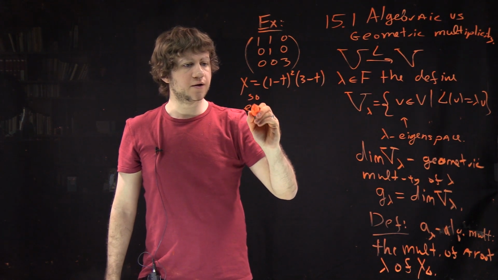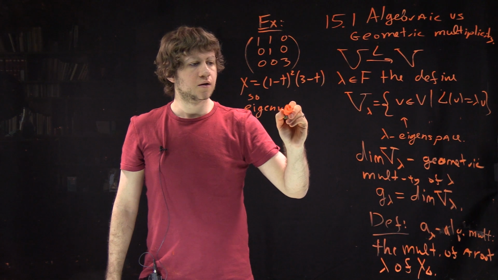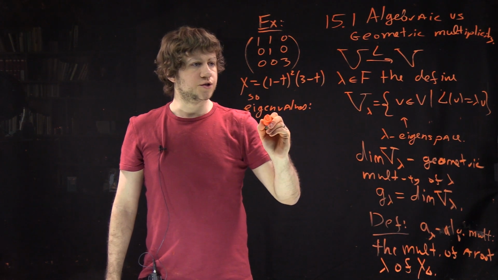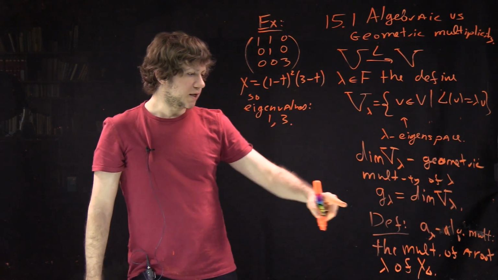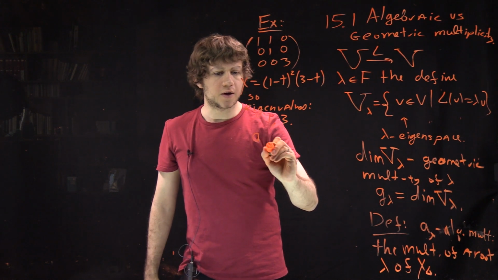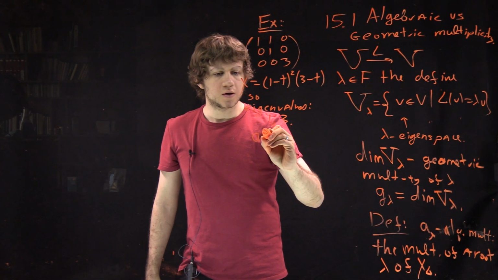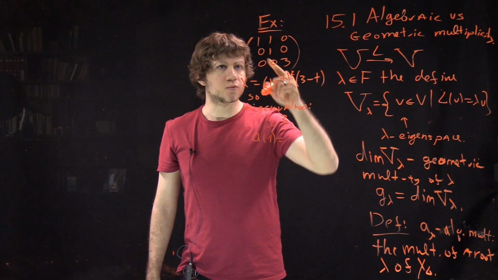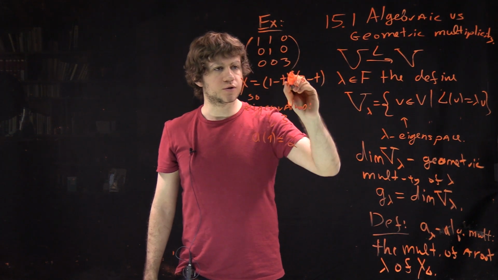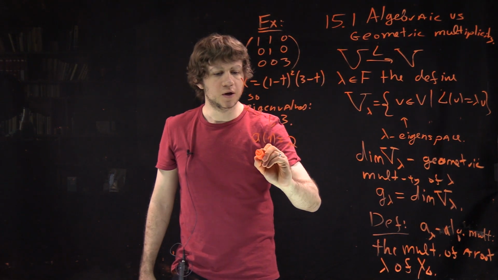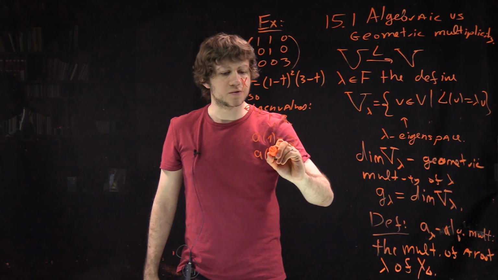So the eigenvalues are just 1 and 3. And the algebraic multiplicity of 1 equals 2, just because it goes here with power 2, and the algebraic multiplicity of 3 is 1.